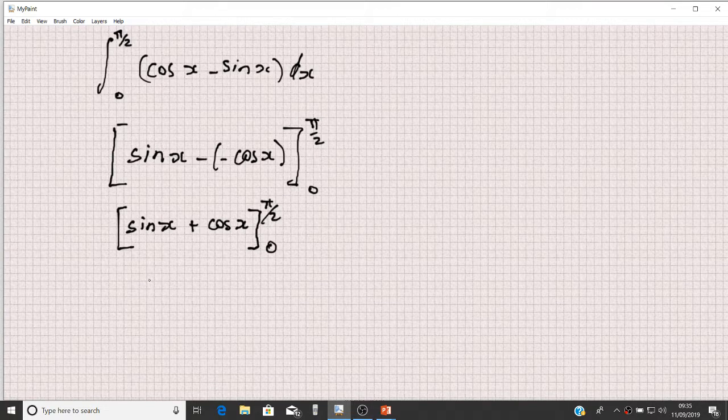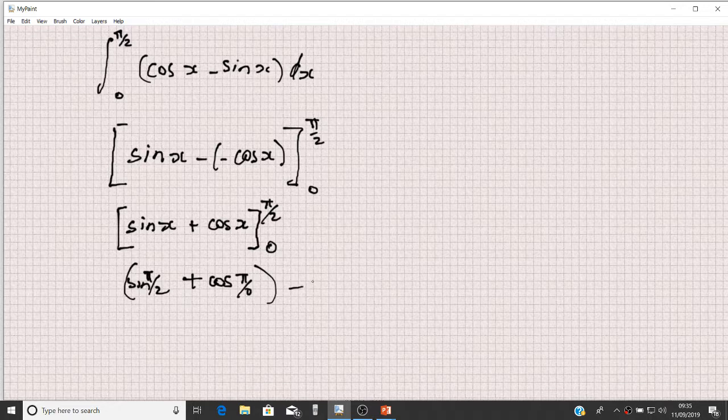So the sine of pi over 2 is 1. That should be the round bracket. Just go back there and do that again. So sine of pi over 2 plus cosine of pi over 2. We know cosine of pi over 2 is 0.